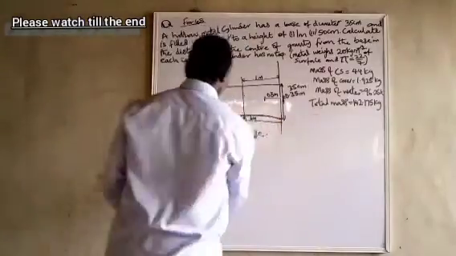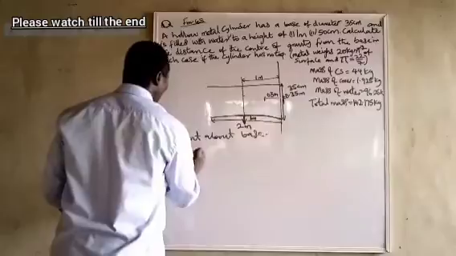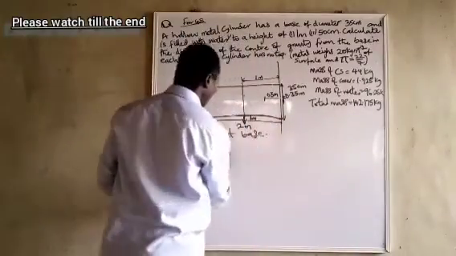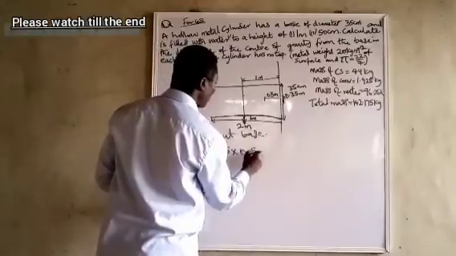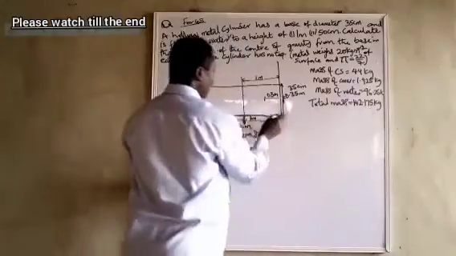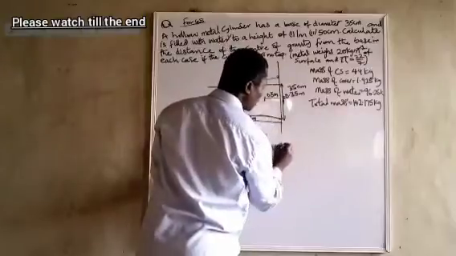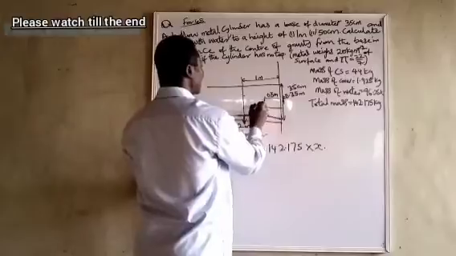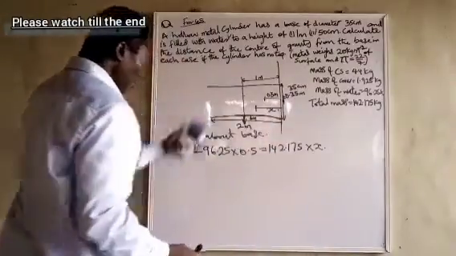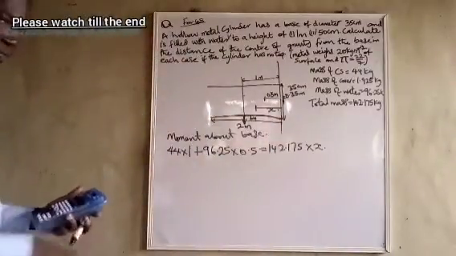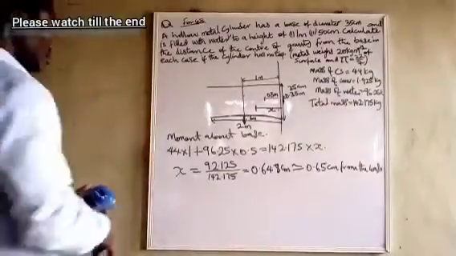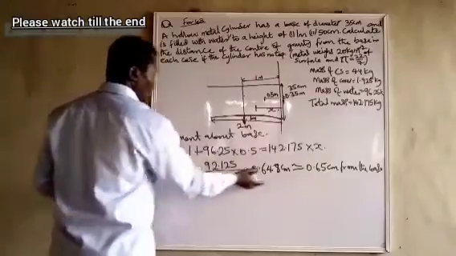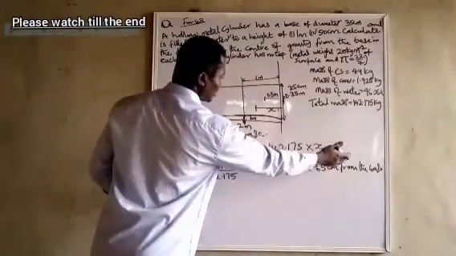That will be 44 times 1 plus 96.25 times 0.5, equal to 142.175 times x, where x is the center of gravity for the whole body. Making x the subject of the equation, it is 0.65 meter from the base.